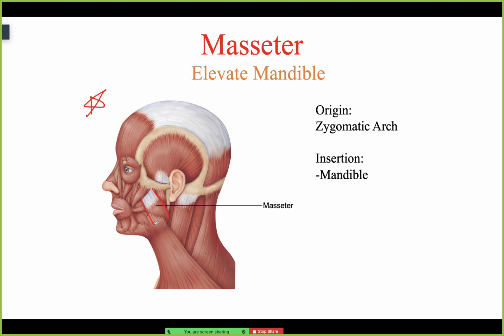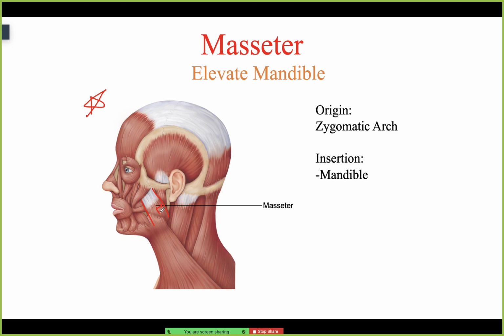Your masseter muscle is one of the strongest muscles that you have in your whole body. Now, a lot of students say, well, what about the muscles of your leg? Well, those muscles are larger in size. If you took all the muscles in your body and compared them by cubic millimeter or cubic inch, the masseter is one of the strongest.